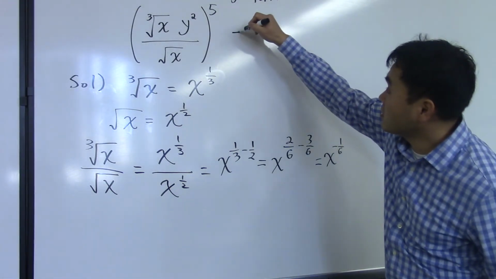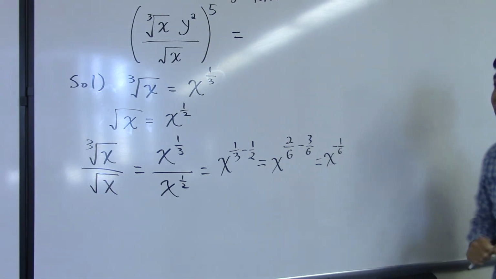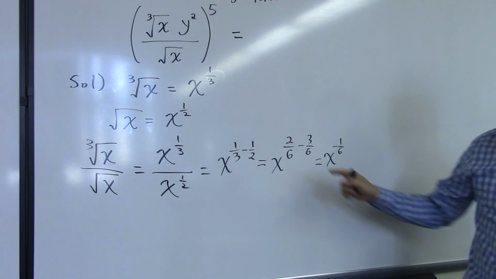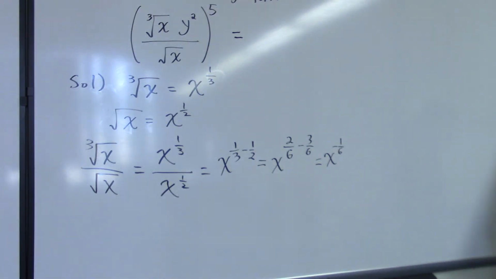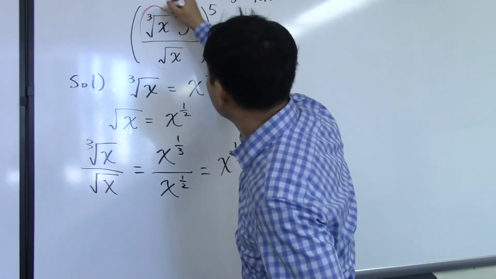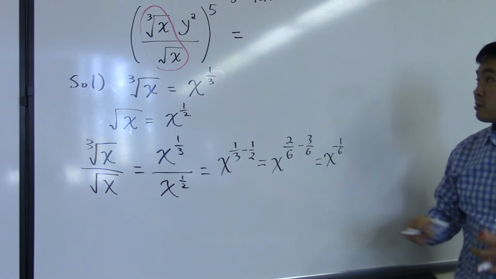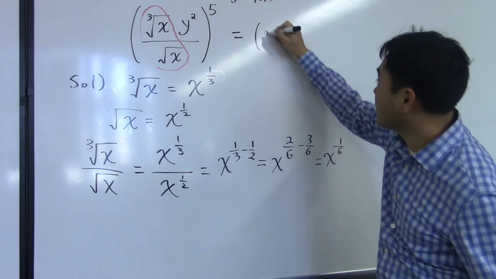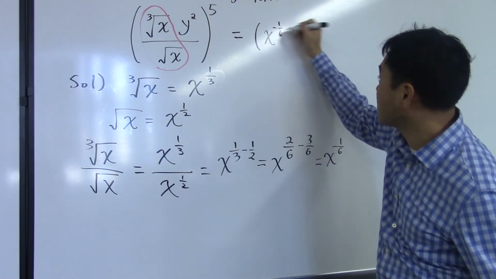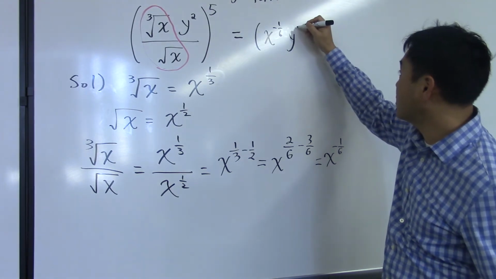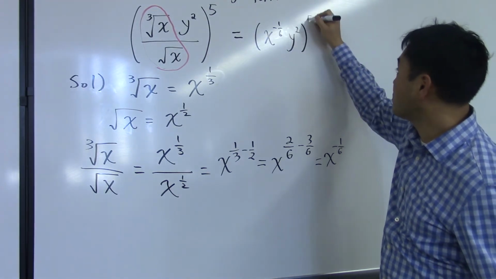So let's come back to our original question and let's try to replace part of this formula with this x to the negative 1/6 power. So I'm going to replace that by x to the negative 1/6 power and y squared to the 5th power.